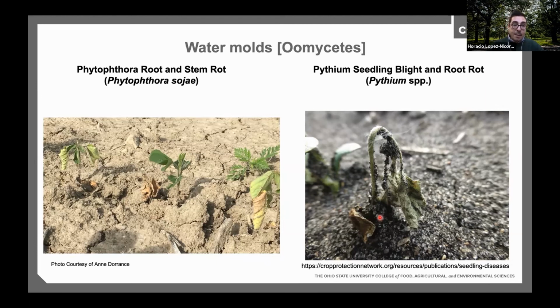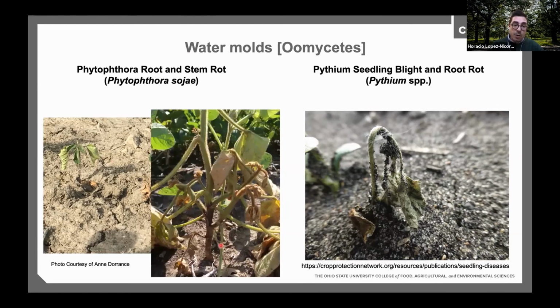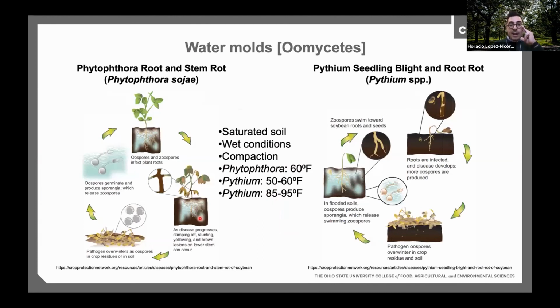Some of the plants will survive this early threat, but if they are not resistant later on, when we have conducive environmental conditions, plants can completely collapse due to this pathogen. I'm showing the life cycle, which is very similar for both of these. They require saturated water. Water molds produce zoospores, which swim in water to reach the root and cause the problem.